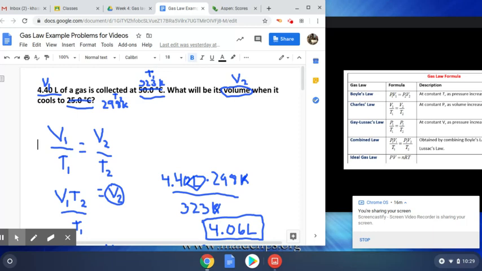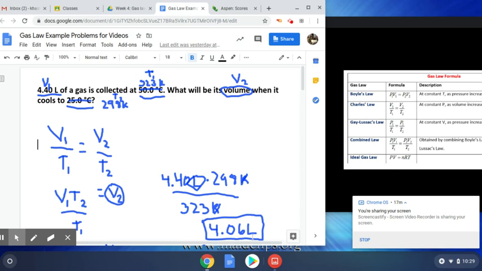Okay, you did a lot of work on that last week and you looked at some of it this week. If you cool the temperature, the volume should go down. Think about the balloon. If you take like a hot balloon outside when it's wintertime, it shrinks. Okay, so you should get a smaller volume. So did we get a smaller volume here? We had 4.4 and then we went to 4.06. Yes, we did. That makes sense.